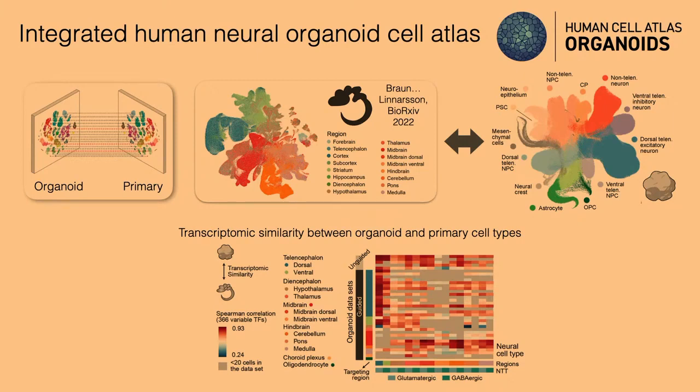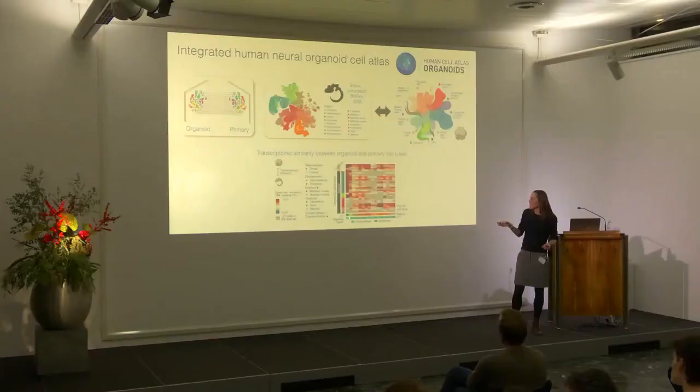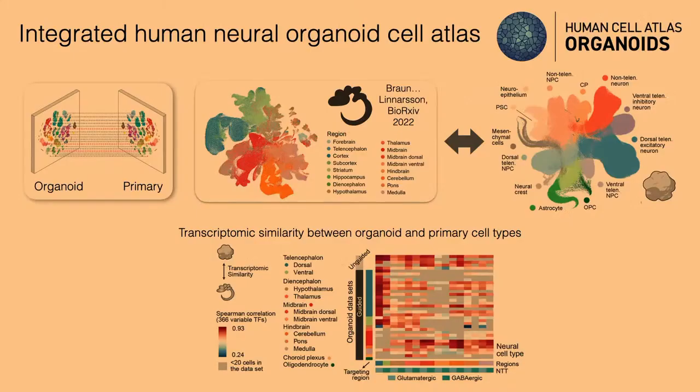And generally, you can see the unguided protocols usually make in a given organoid different regions present. So you can see kind of red for similarity across all the different cell types here. These are the different regions: telencephalon, then dorsal and ventral, and then we have diencephalon, midbrain and hindbrain. And so we see them all present, and the similarity is actually quite high across.